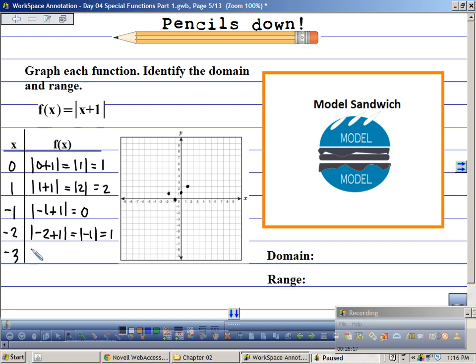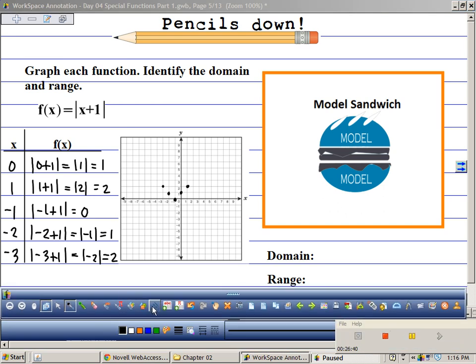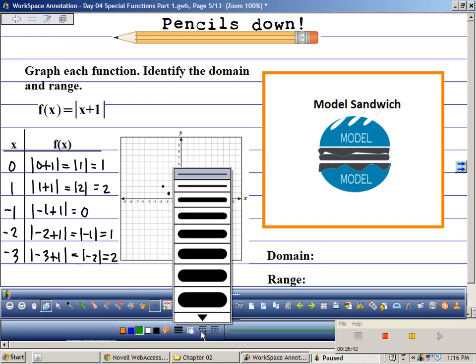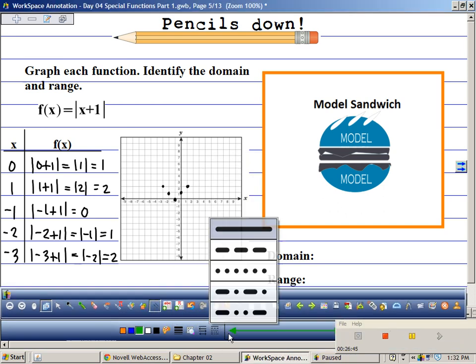Negative 3. I want to plot negative 3 because I'm going to see if it's symmetrical right there. So if I substitute in negative 3 plus 1, I get negative 2, which is 2. If I substitute negative 3, I get positive 2, and I have my absolute value function.